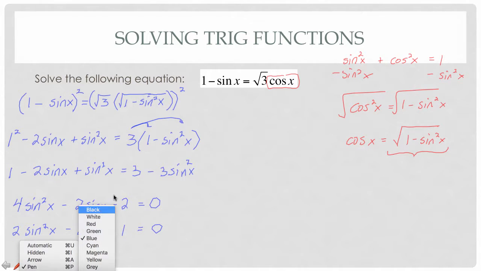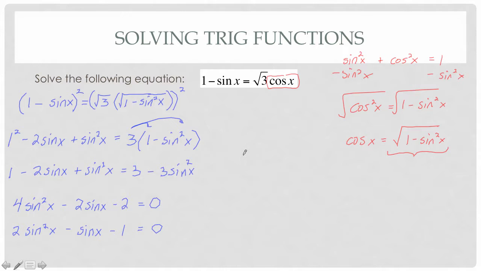Let me rewrite this as 2 times x squared minus x minus 1 equals 0. And now that I look at it this way, where I just replaced x with sine of x, I can see that it actually factors down pretty nicely.